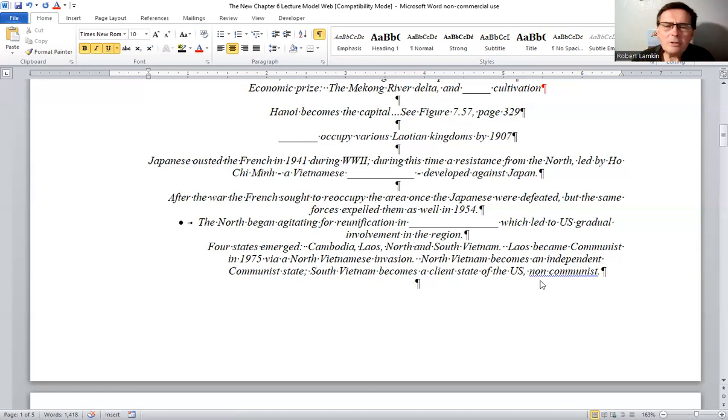But 4 states emerge: Cambodia, Laos, North and South Vietnam. Laos became communist in 1975 via a North Vietnamese invasion. North Vietnam becomes an independent communist state. South Vietnam, up until that point, becomes a client state of the U.S., non-communist. Of course, after 1975, we're out of there.